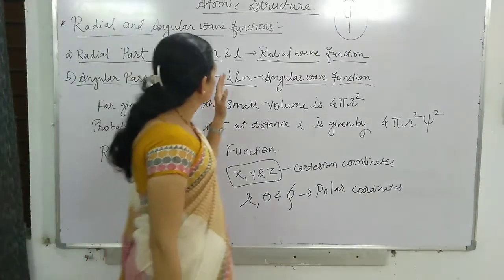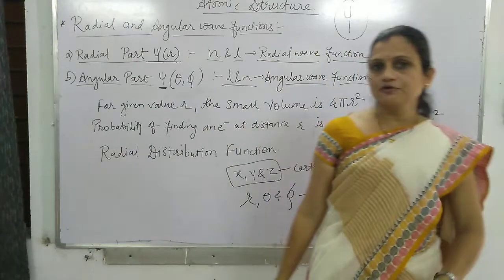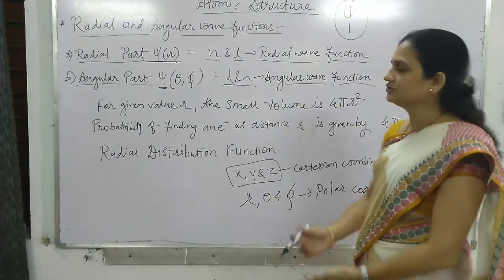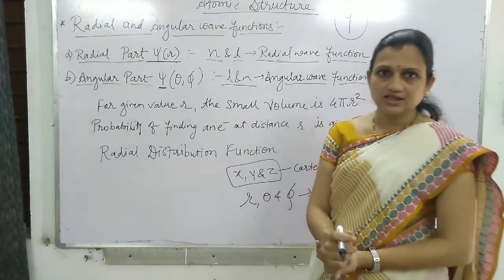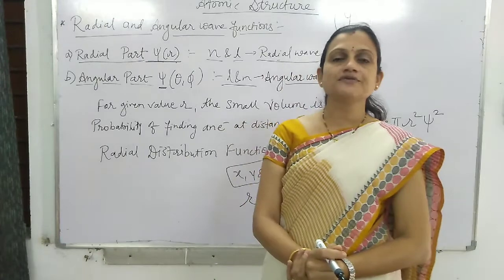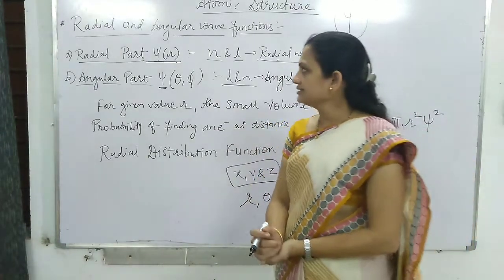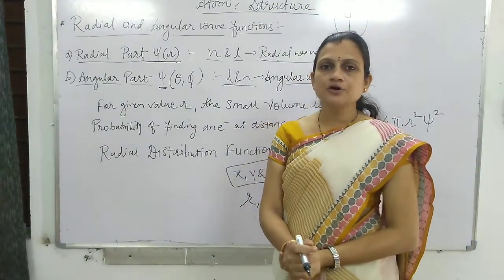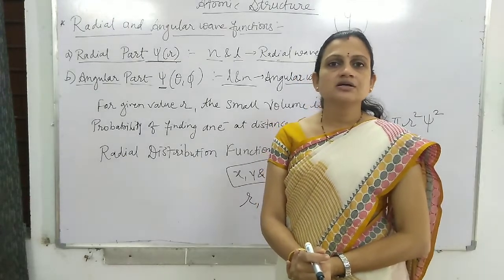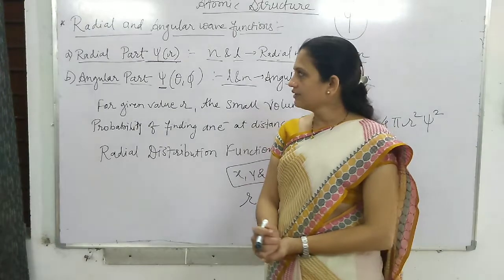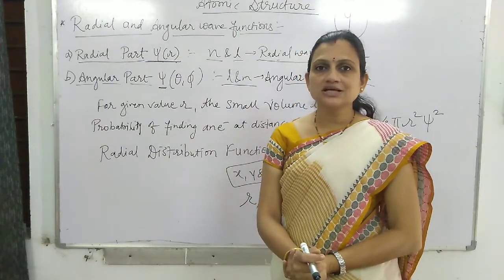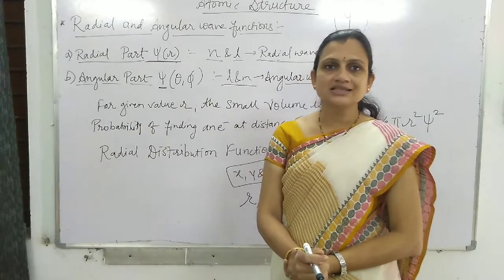Now our topic is radial and angular wave function. The radial wave function does not have much physical significance. We discussed in our previous class the significance of psi and psi square. In the same way, the radial wave function also does not show any particular physical significance. The square of that function shows significance.